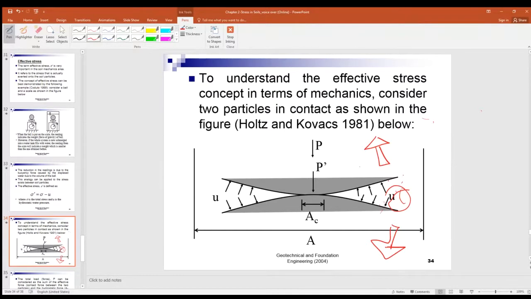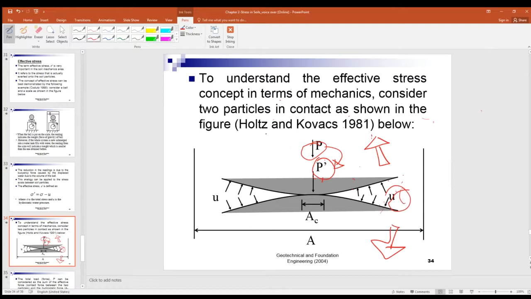It pushes the two particles a bit away, so because of this upward force, the effective stress becomes smaller, right?